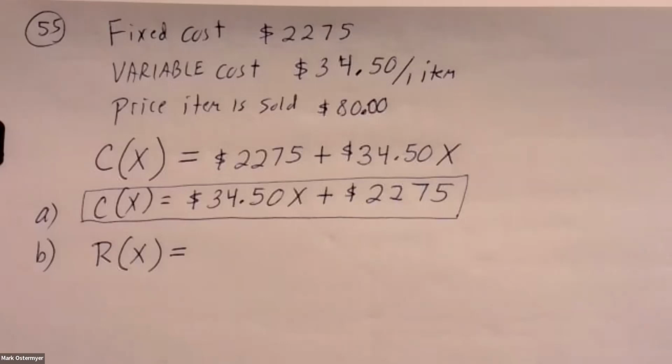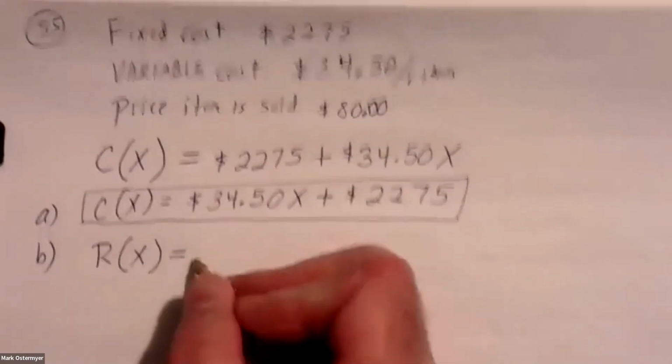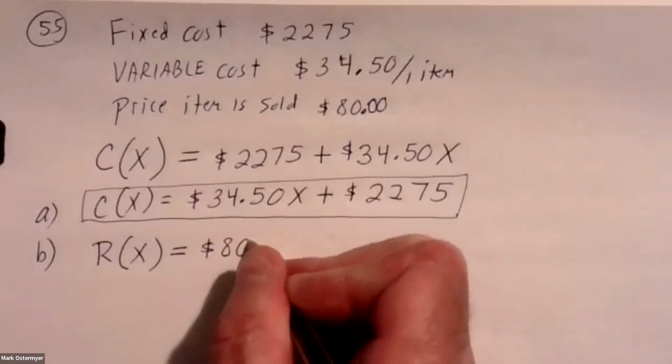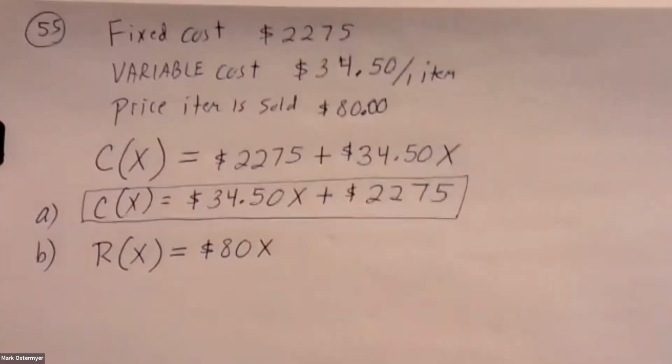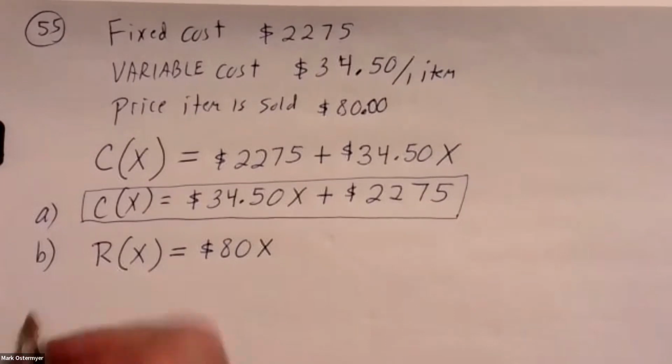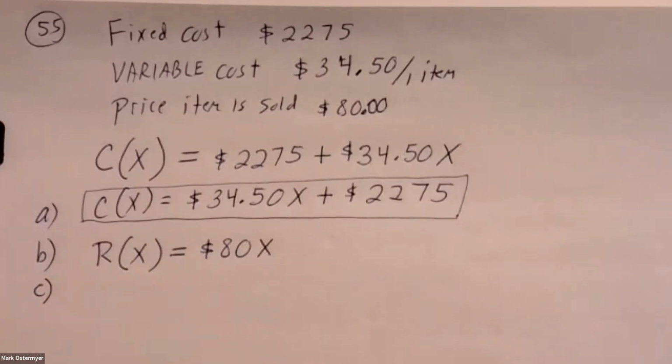Well, according to what we got there, looks like what? How much money? It's like $80. So we're going to bring in $80 or 80x dollars. That's your revenue function. That's B.